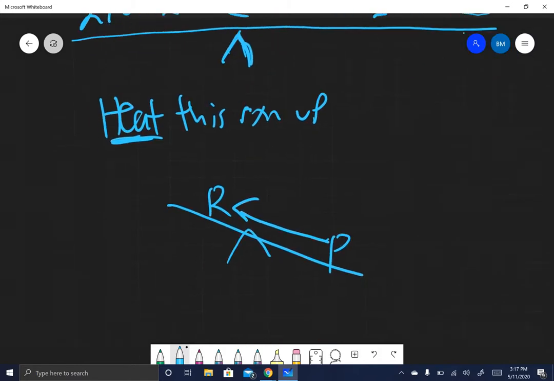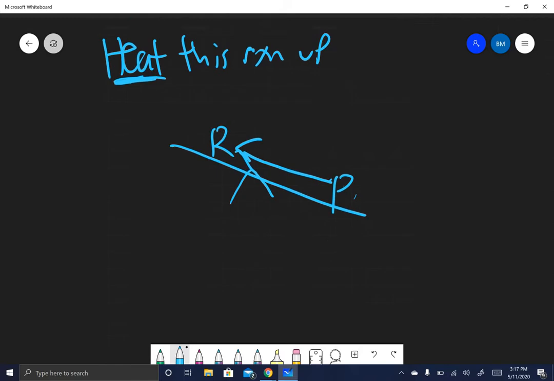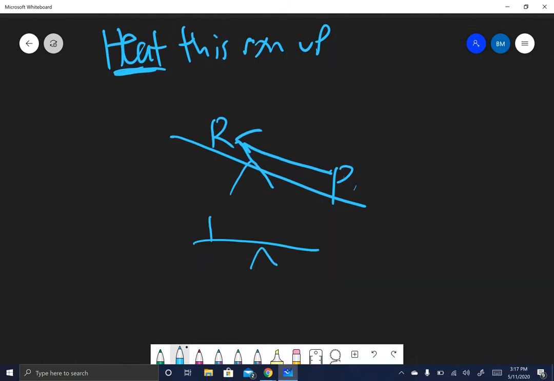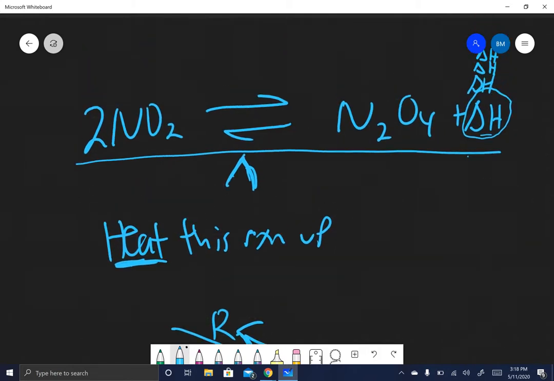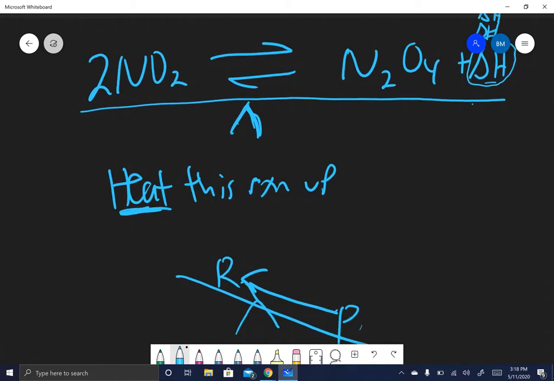And if some of these products turn into reactants, eventually we will go back to being balanced at equilibrium. So the stress here is we're increasing temperature. That causes the right side to go down. So the equilibrium will shift to the left.